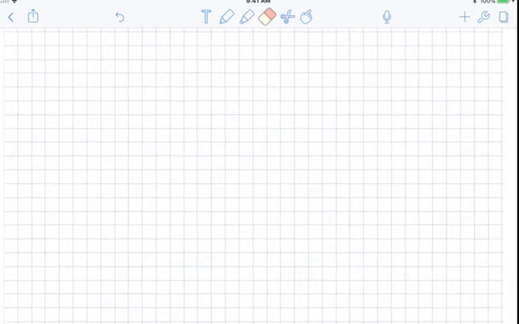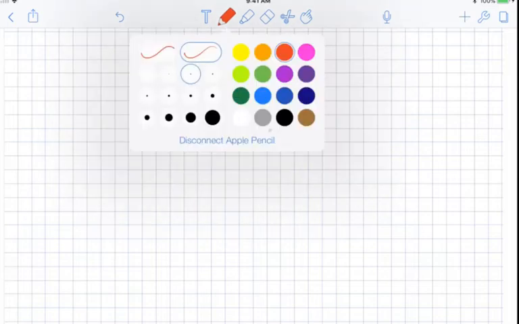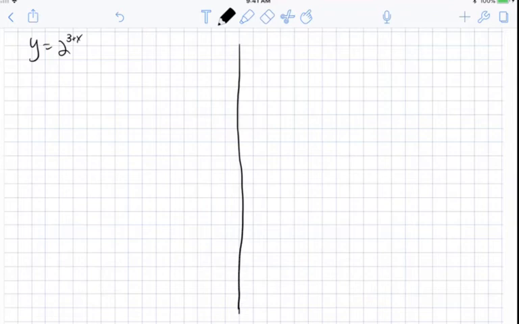So maybe try this one yourself. y is equal to 2 to the 3 plus x. Sketch the graph while I sketch mine, and then we're going to talk about something really neat here.